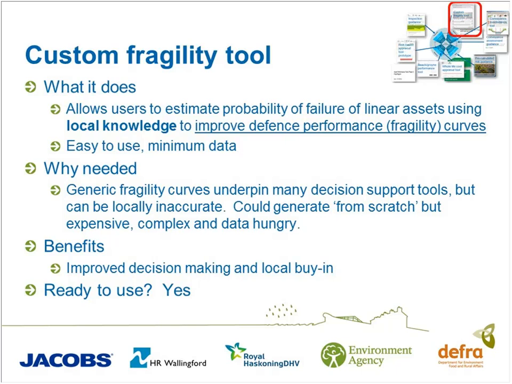It's needed because the existing fragility curves, which underpin a lot of the decision support tools used, particularly in the Environment Agency, can be locally quite inaccurate. To regenerate those curves from scratch can be an expensive, complex and data-hungry approach.